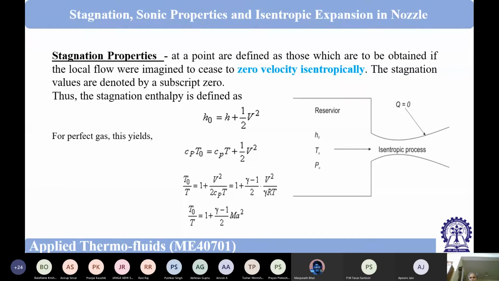So showing this big reservoir means that we are assuming a stagnation condition here. Stagnation condition is represented with a subscript of 0: H0, T0, P0, and we can write rho 0 also. And we can write V0 equal to 0. These are the stagnation conditions.